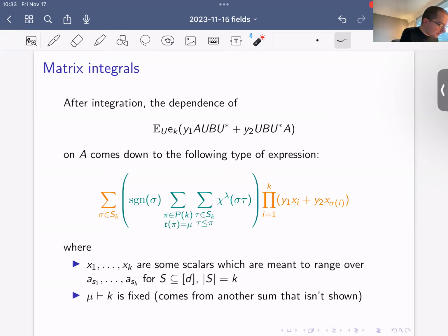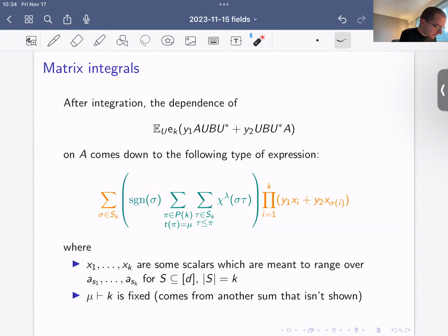On the outside, you have this sum over sigmas, and then part of the summand is this product of matrix entries, where this is I and this is J. So it looks like a determinant, but instead of just having a sign here like you would in a determinant, you have all this extra stuff, which I'll explain in a minute. The point is that you have some more complicated information about this permutation sigma than just its sign.